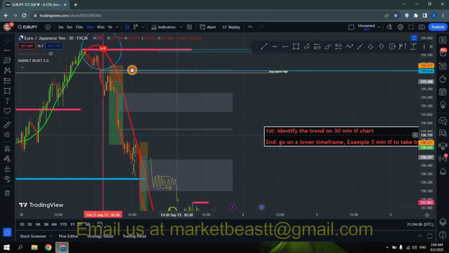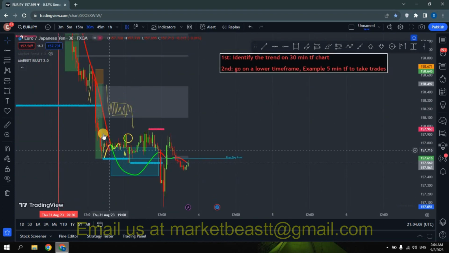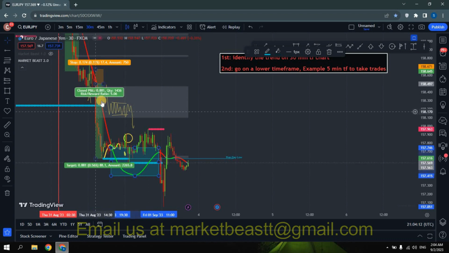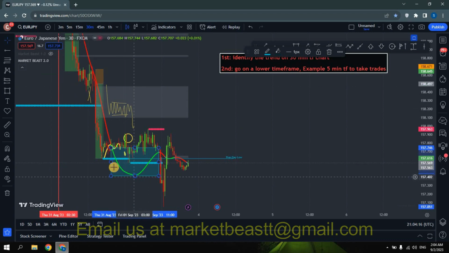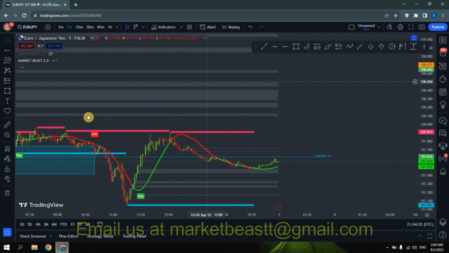We are in bearish trend, but wherever the line goes against our trend like this, we are in a bearish trend, but the bulls are coming, the line goes green. We are going to ignore these trades as well. Let's go back to 5 minutes.